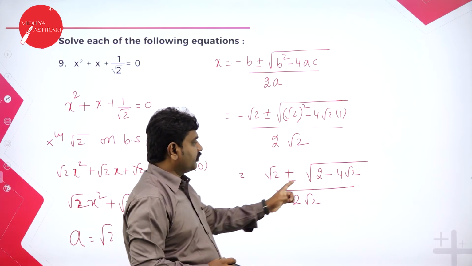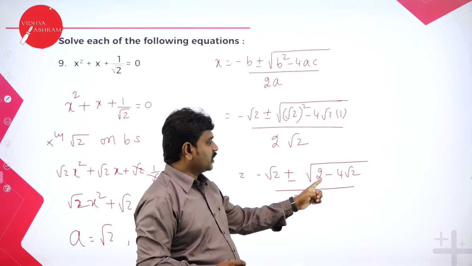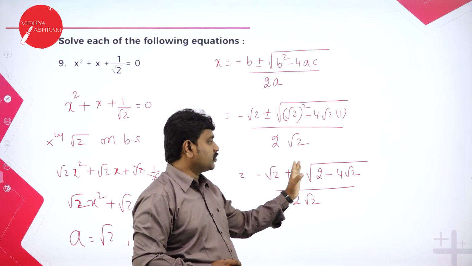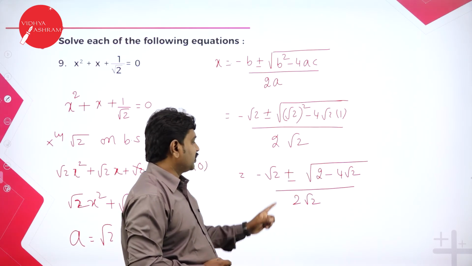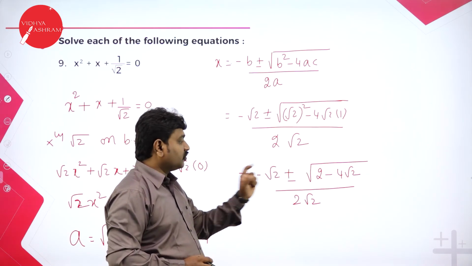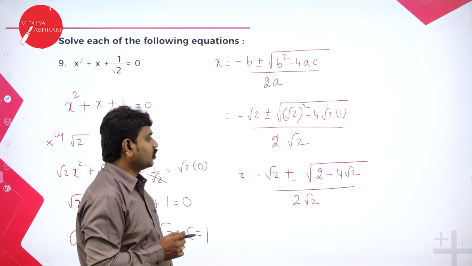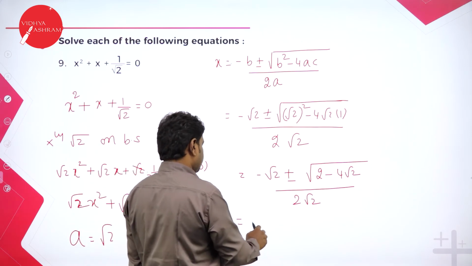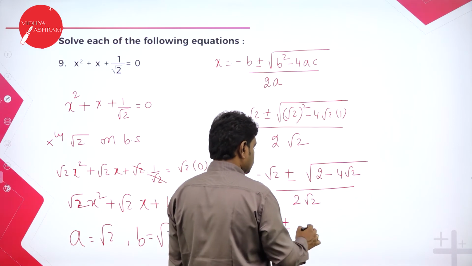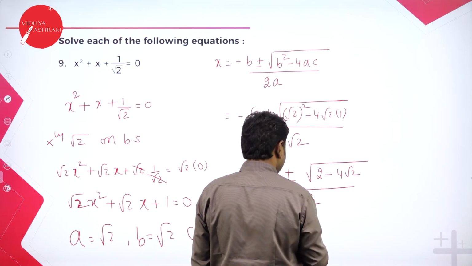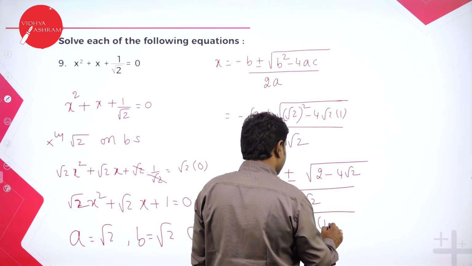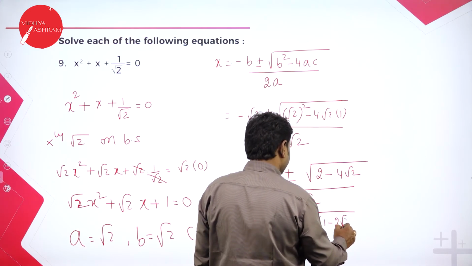Now carefully if you observe, in these two I can write 2 as root 2 square and split, and I can take root 2 common, because root 2 is there. So it's one format I got where we need to simplify. Simplification plays an important role in this. If I take 2 common, it will become 1 minus 2 root 2.